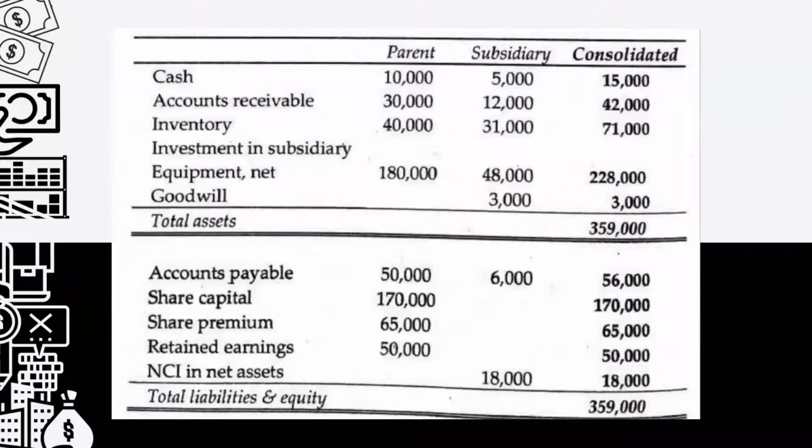So for the consolidated statement of financial position, we have the cash of the parent of 10,000, accounts receivable 30,000, inventory 40,000, investment in subsidiary none since it was eliminated, equipment 180,000, goodwill 0.